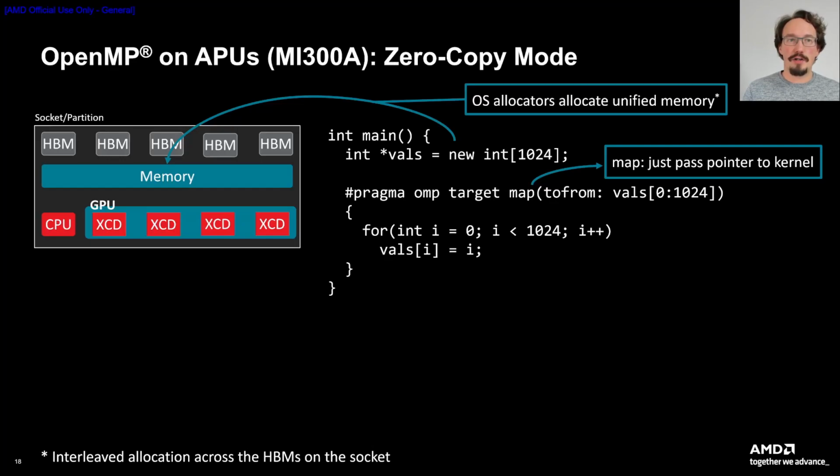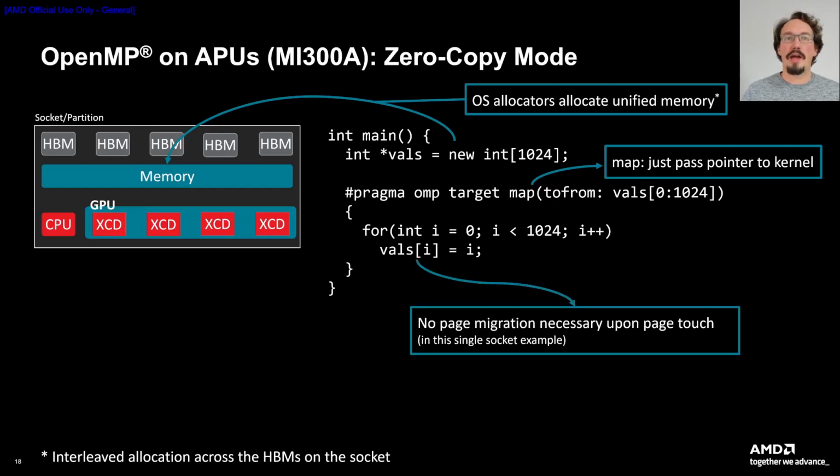Finally, the kernel starts executing and the access to the page simply reads the value from the HBM that the original allocation was made at. Please note that in this example, a single socket is assumed. For configurations with more than one socket, page migration across socket boundaries may happen depending on where the original memory was allocated.